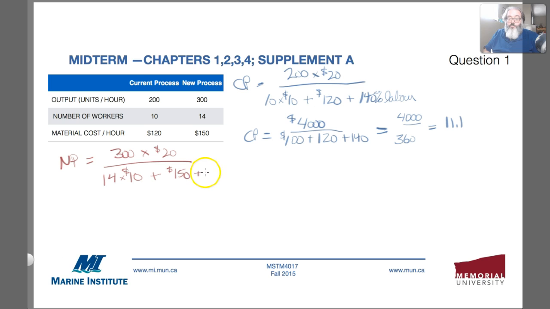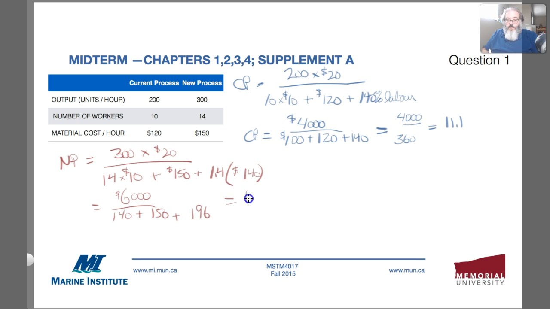So it's 1.4 times our cost of labor, which in this case is 140. So what we're going to have is 6,000, and this is dollars again, over 140 plus 150 plus 14 times 14 is 196.